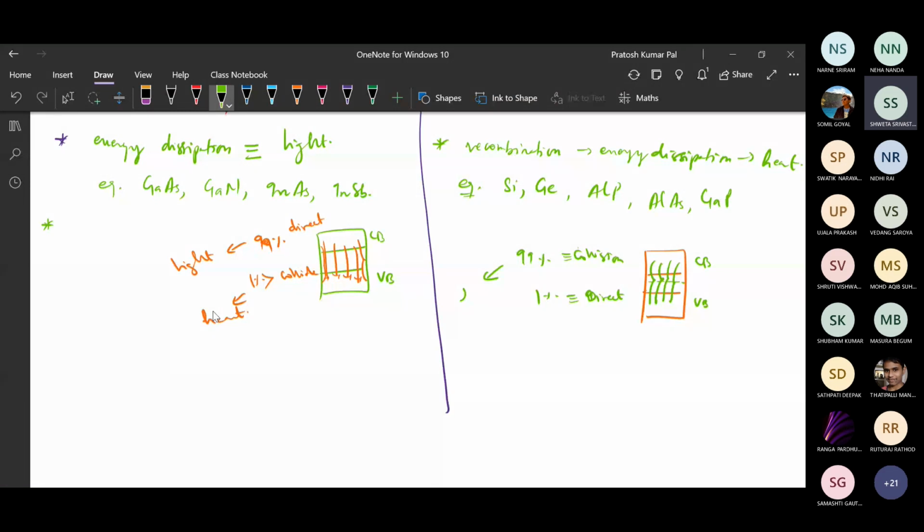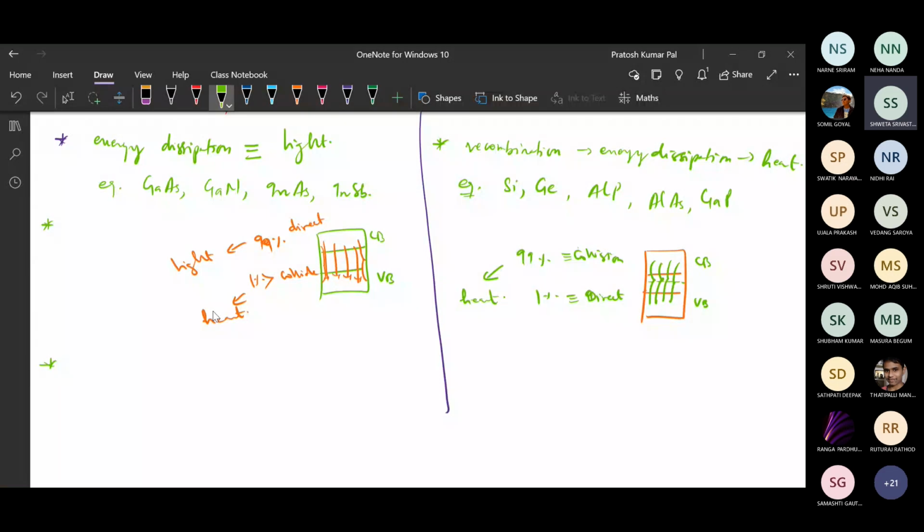So these are some of the points that we should consider in case of direct band gap and indirect band gap semiconductors, and their examples. There are different types of direct and indirect band gap semiconductors.